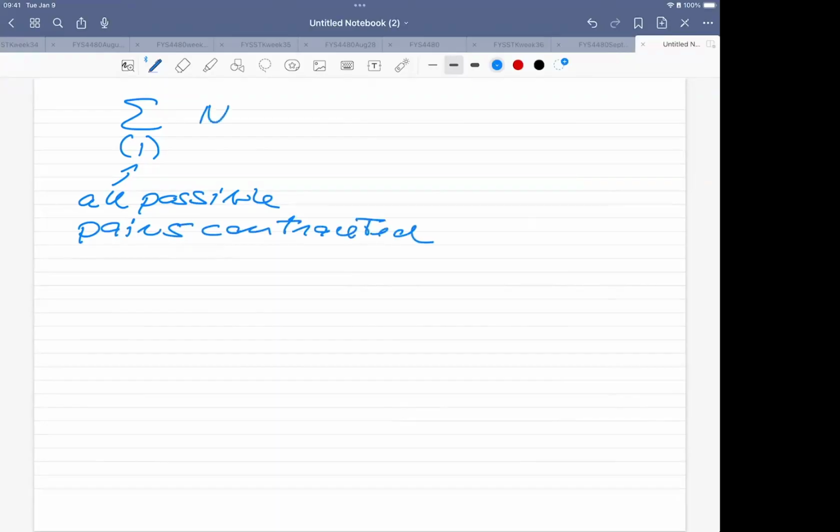So that means that of these operators, there are two operators which are left uncontracted. We would write this like this.